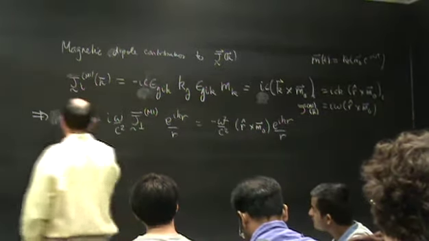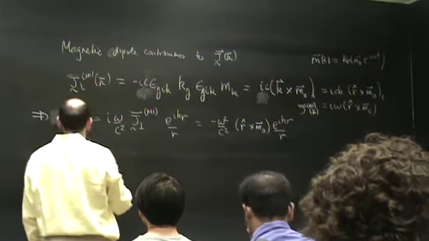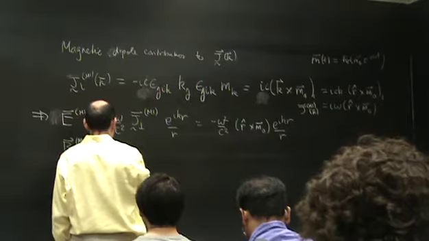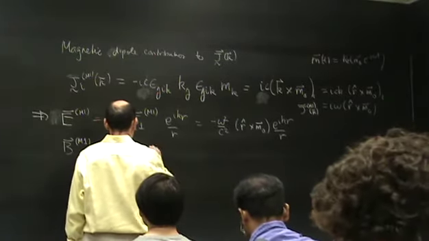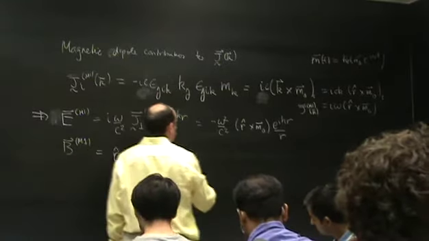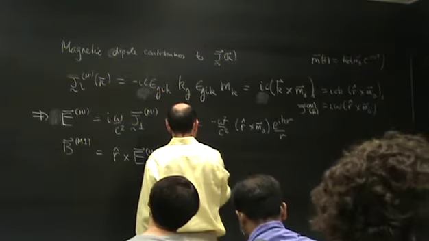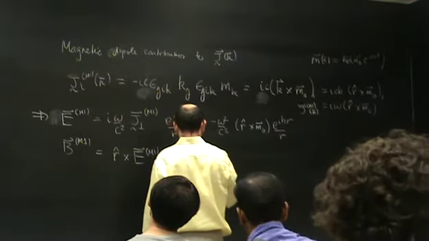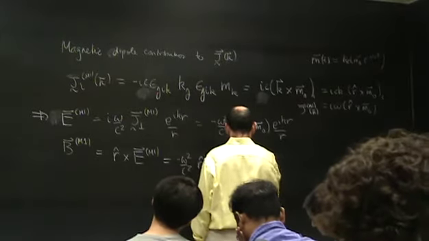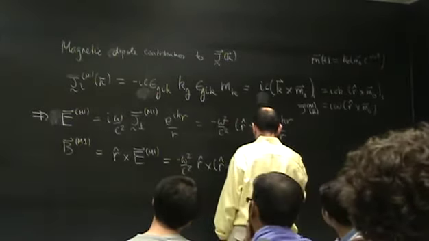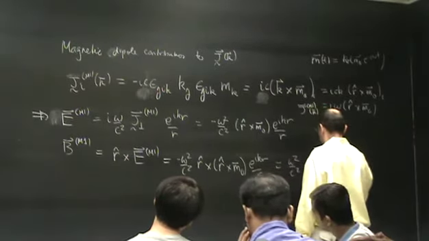And the magnetic field associated with magnetic dipole radiation is equal to r hat crossed into E, which is equal to r hat crossed into r hat crossed into m naught e to the i k r over r, which is omega squared over c squared m naught perp.